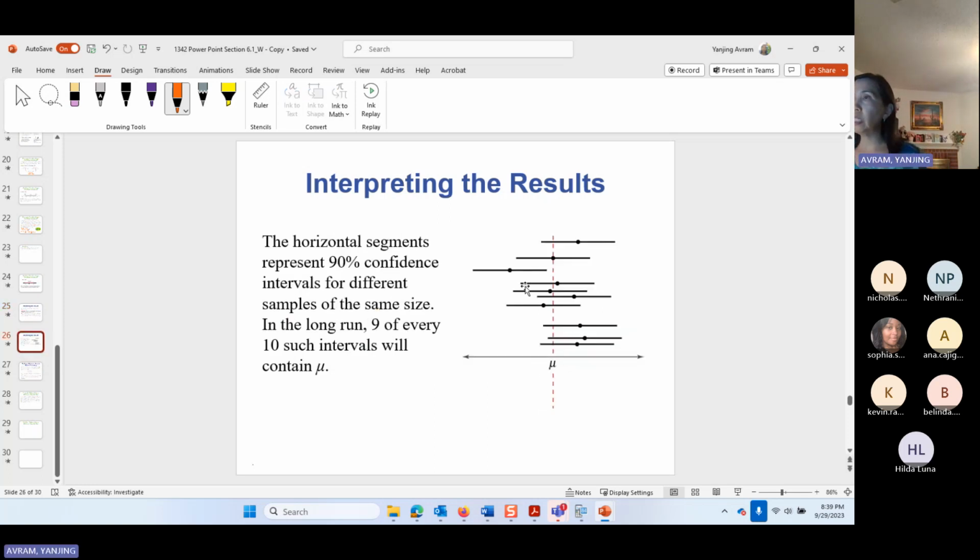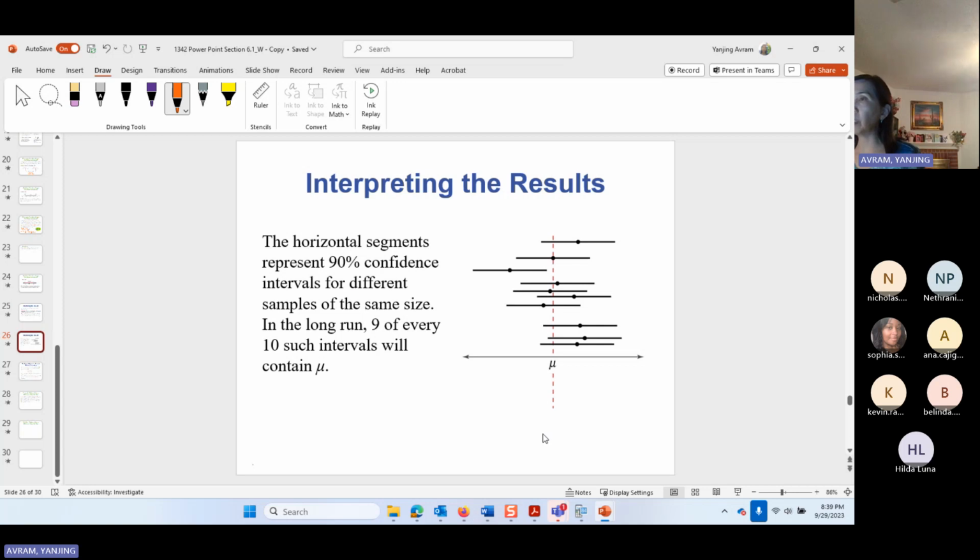All right, so what is 90% confidence? You can see my intervals in here. The first one is the interval from here to here. This is my sample mean, in the dark, and this is the population mean, the red vertical line.